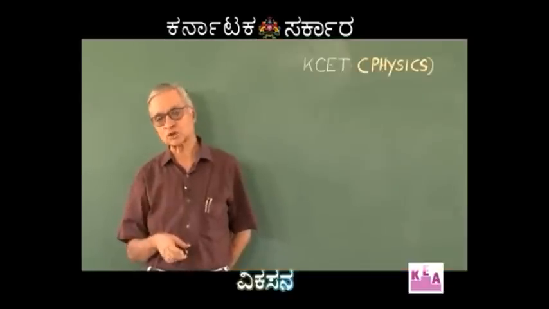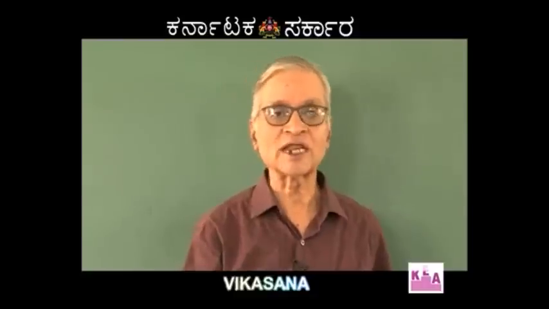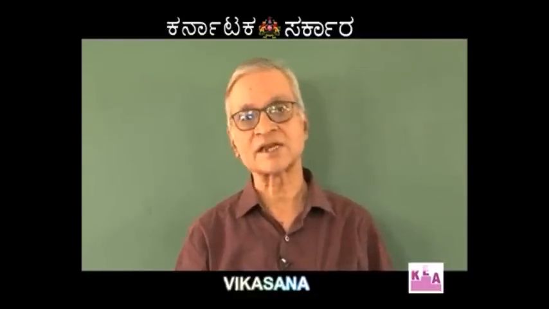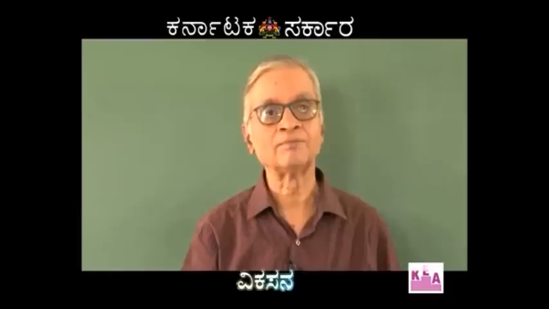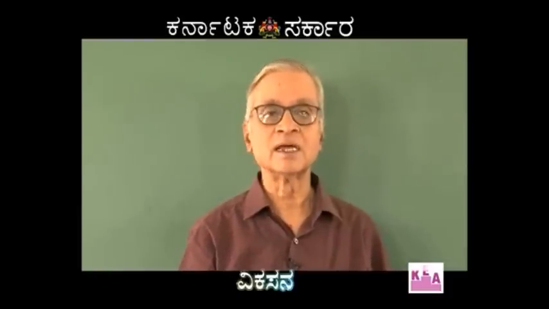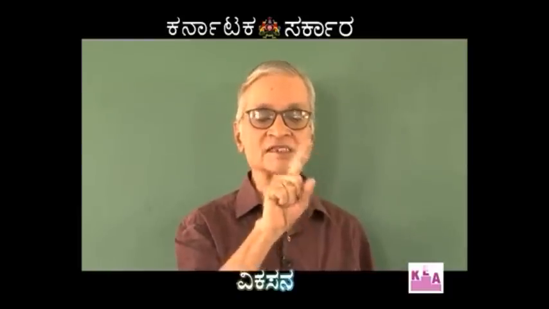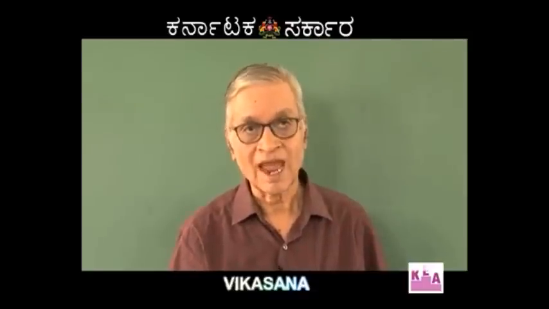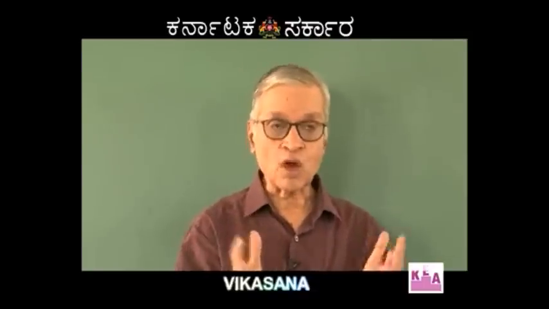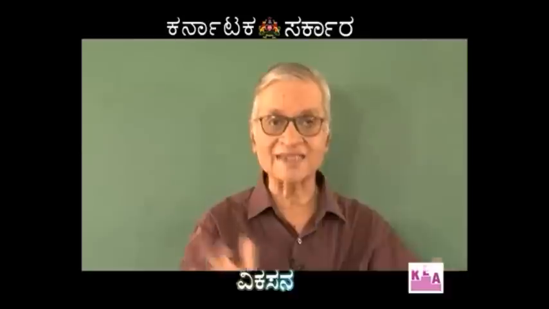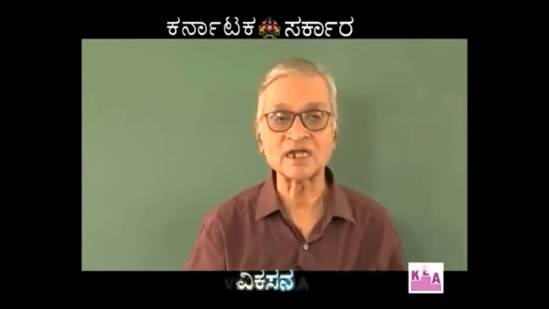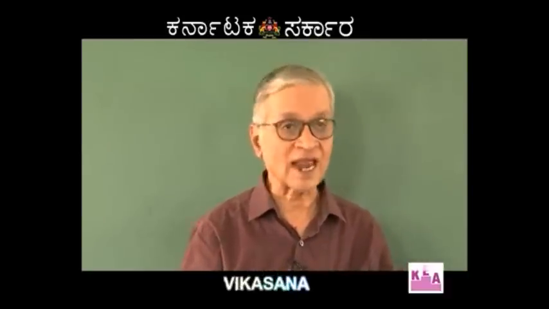Before going to the next question, I would like to tell you the concept that you have to remember in answering questions of this type. The concept is, if there are n small drops which are identical and if they coalesce to form a larger drop, how to calculate the resultant potential of the larger drop?